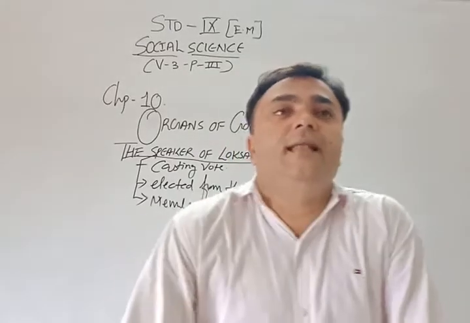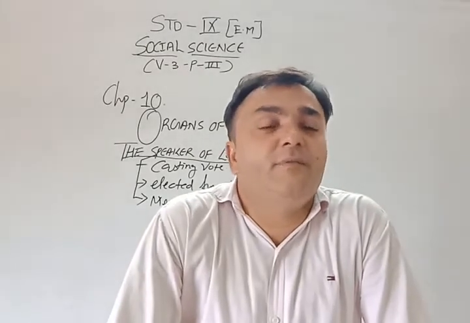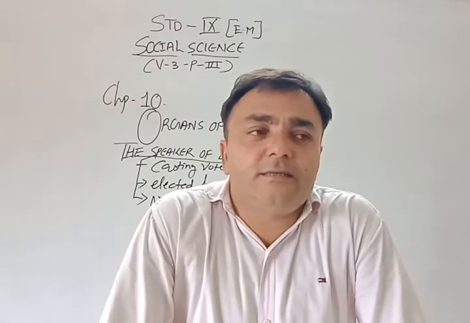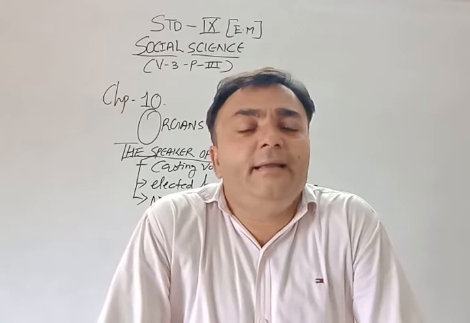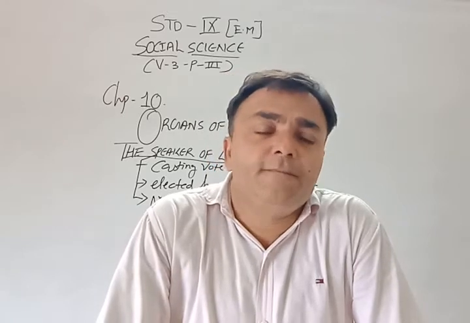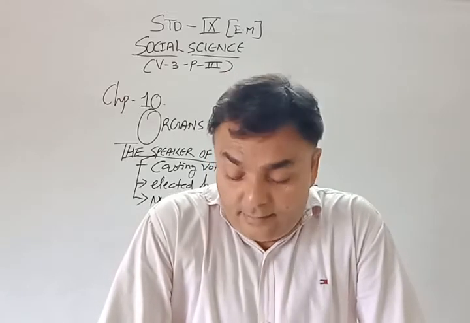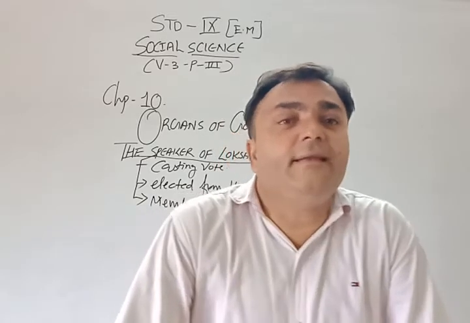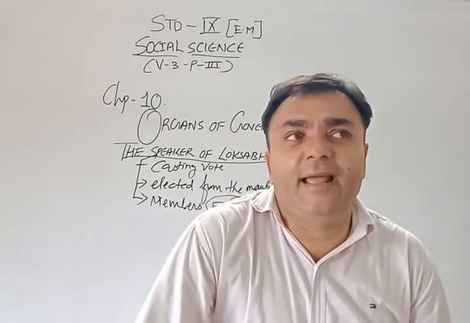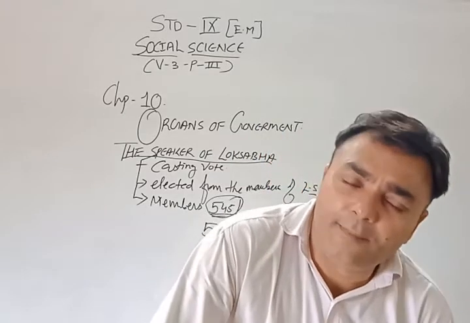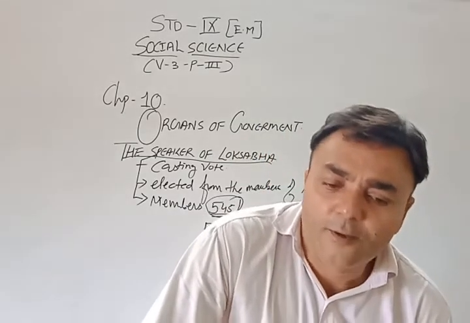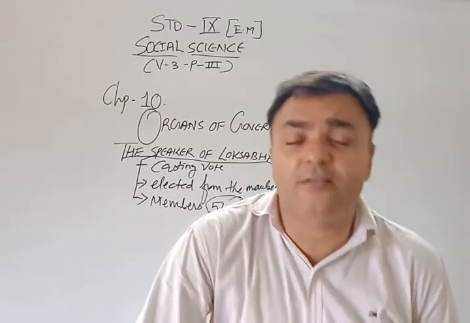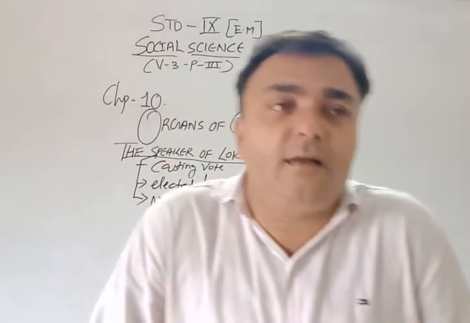Only 26 are there. Like this, many members come from different states with different languages, clothes, mentality and attitudes. So when they meet at a particular place for a session of Lok Sabha, you can understand how much disturbance and possibility of fighting occurs.